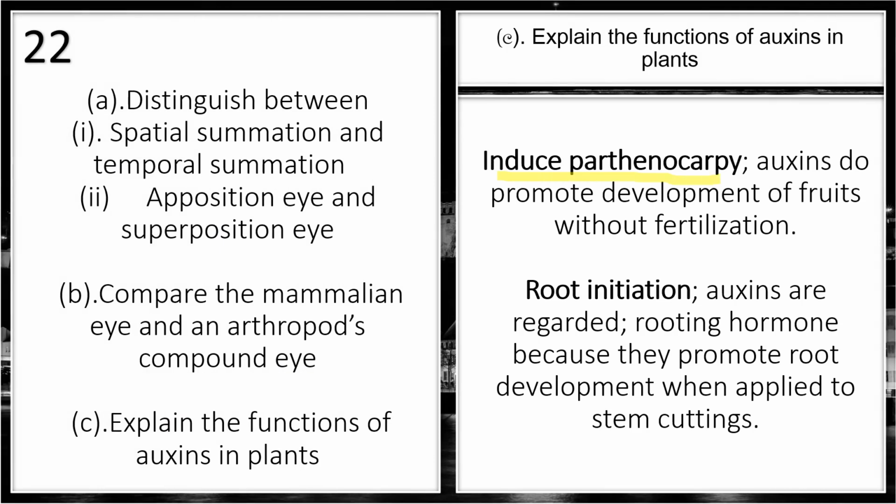The auxins do promote the development of fruits without fertilization. Root initiation. Auxins are regarded as rooting hormones because they promote root development when applied to stem cuttings.